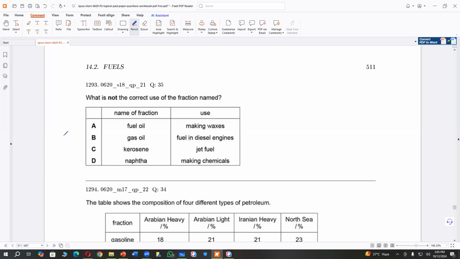I think it's A. Okay, how? Yeah, I think it's A, right? Answer is right, but how? Because fuel oil. C and D are correct, and B is correct. Yeah, it's A.